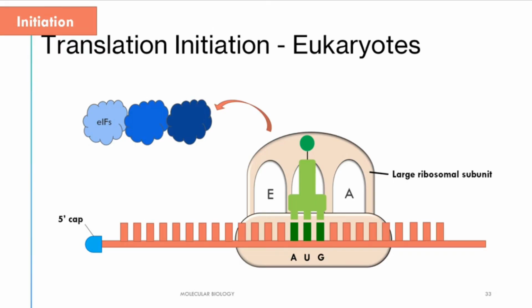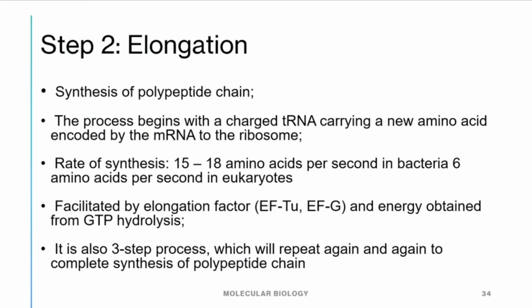Step 2 of translation is, of course, elongation. This process is basically the synthesis of the polypeptide chain while the ribosome is reading the mRNA. The process begins with the charged tRNA, which carries a new amino acid, coming into the ribosome.